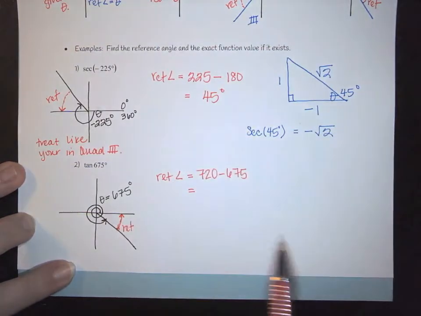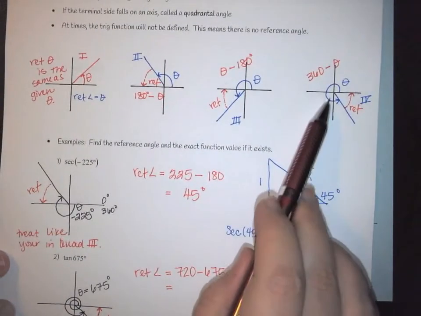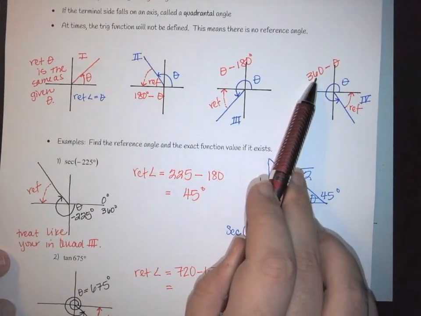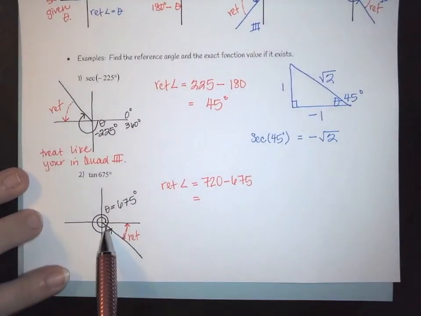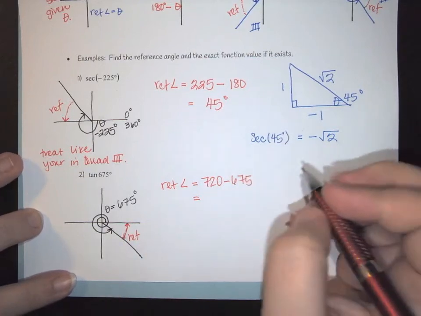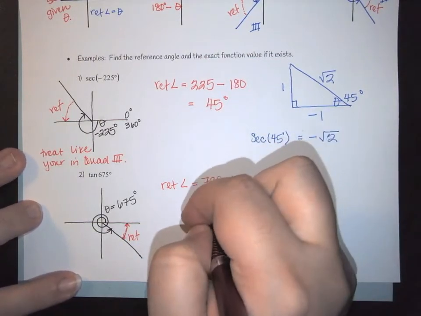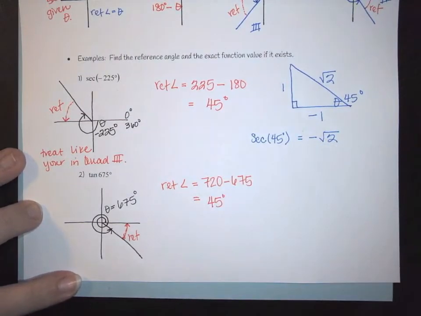The reason why we subtract from 720 instead of from 360, like we would have done up here, is that we're going almost twice around, so we need to use 2 revolutions as our starting point. So in this instance, once we subtract that, we get a reference angle again of 45 degrees.